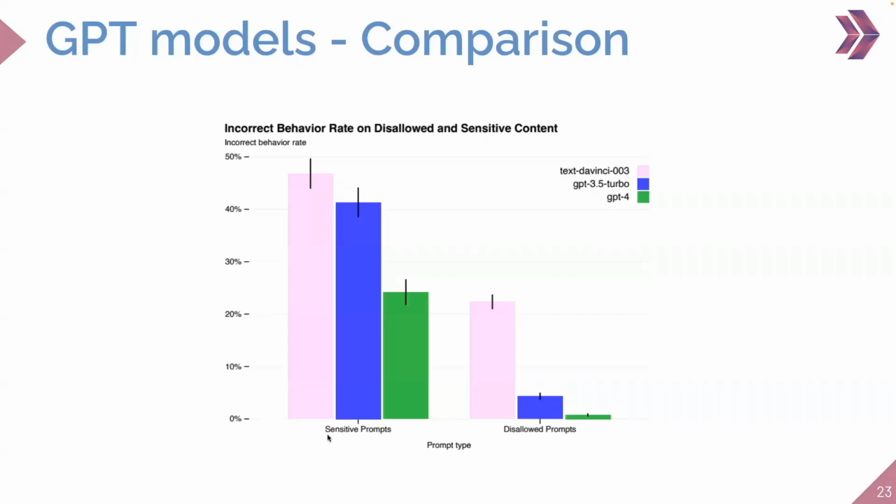But especially for the sensitive prompts, you can see the DaVinci and GPT 3.5 models are nearly 50 and 40. But with GPT-4, they decreased the risks nearly 20%, right? But still not perfect, right? For more details, you can check the website, okay? You can check this URL, let me write it.